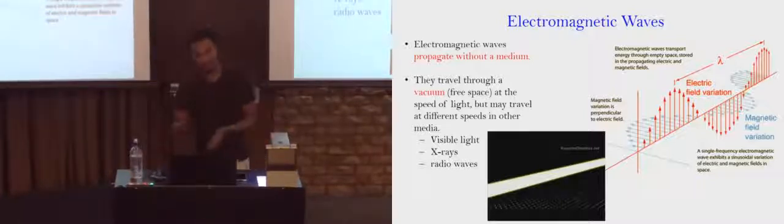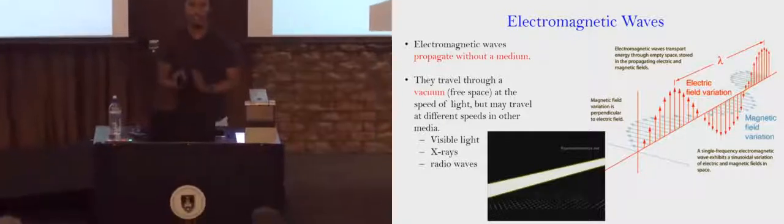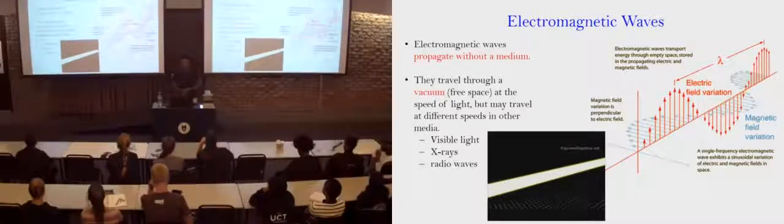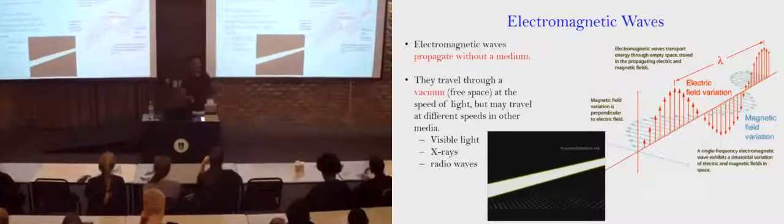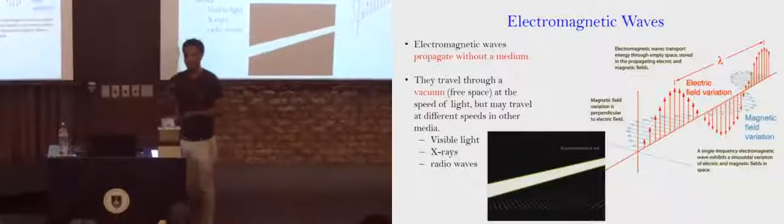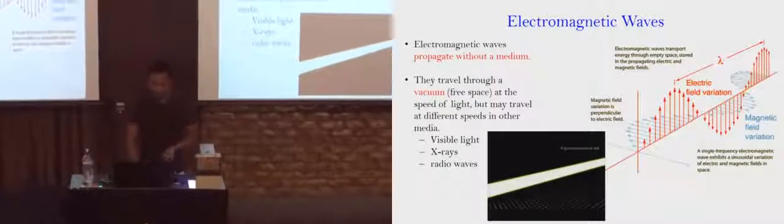They can propagate also through a medium, but they don't require the medium. So they travel through a vacuum in free space at the speed of light, but when they propagate through a medium, the speed will decrease because most of the speed will be attenuated by the medium, and their direction also could be changed in the medium.